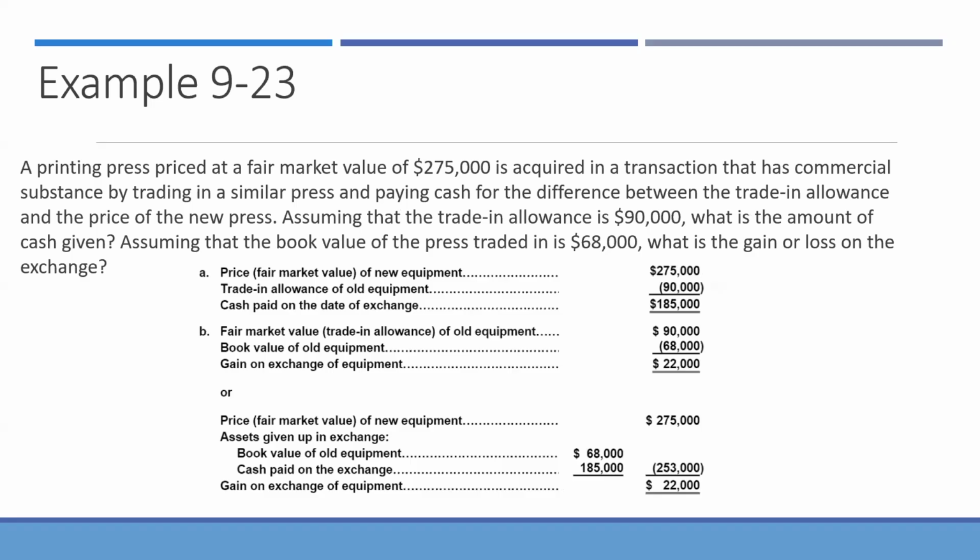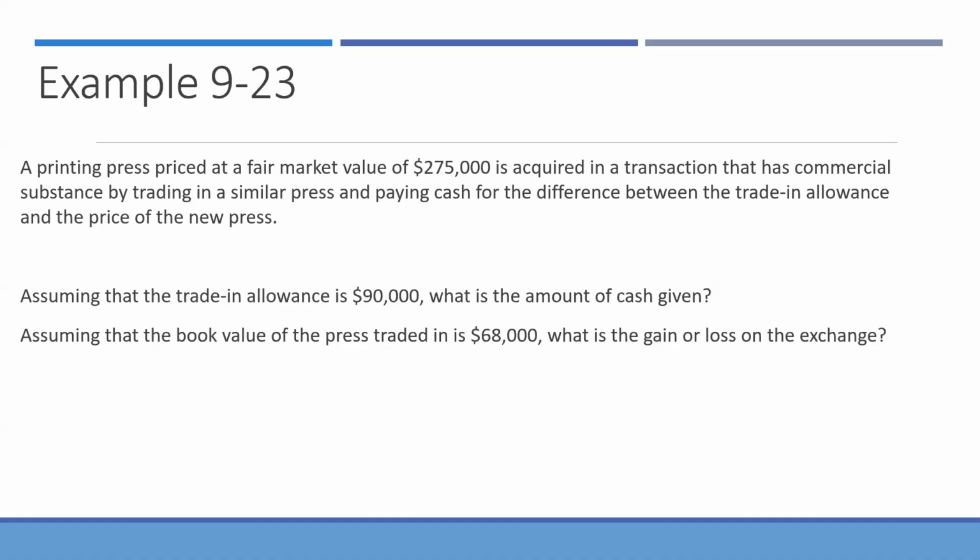And the cash paid on the exchange would be $185,000. And then for our journal entry, we would have to debit the accumulated depreciation for the old equipment.